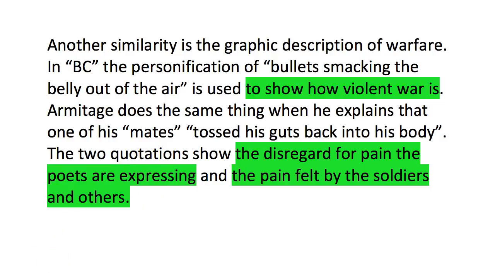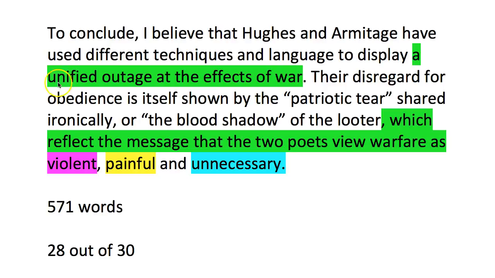Now, let's look at the conclusion and see how she does there. Okay, to conclude, I believe that Hughes and Armitage have used different techniques and language to display, now here comes the author's purpose, the poet's purpose, a unified outrage at the effects of war. Excellent. Now, what's going to make this an even better conclusion is there are more purposes.